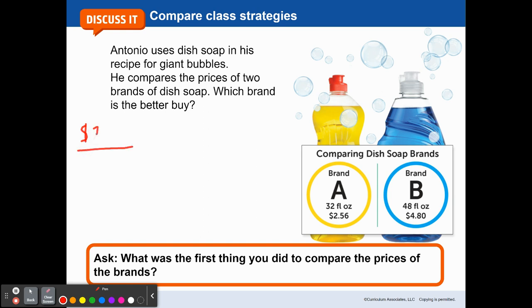So $2.56 for every 32 ounces. That's my rate, but I want it for every 1 ounce. When you divide that, I believe it should be 8 cents per ounce, right?